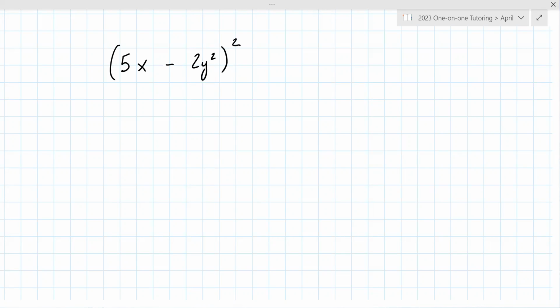And then the inside, and then outside. For y cubed. Let's see.